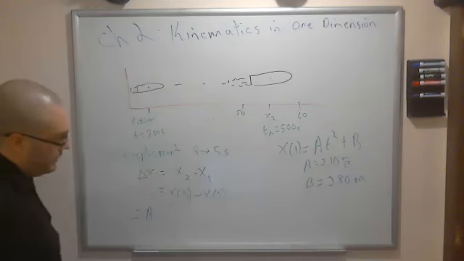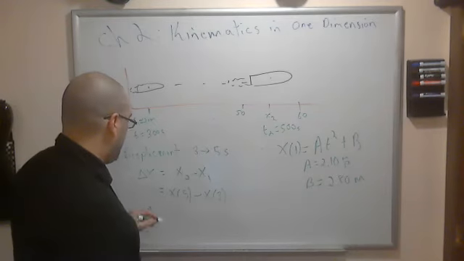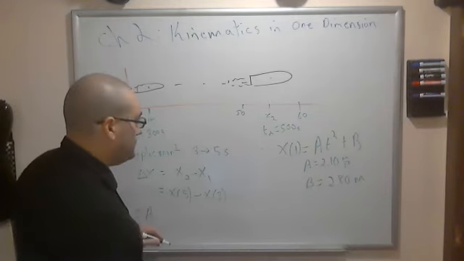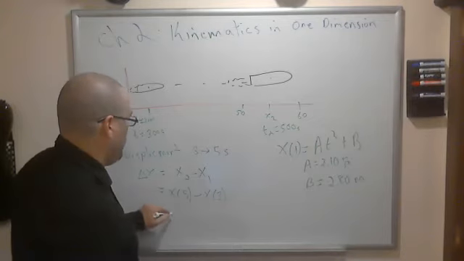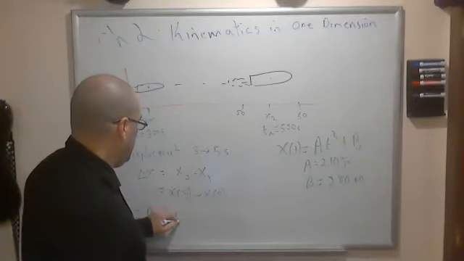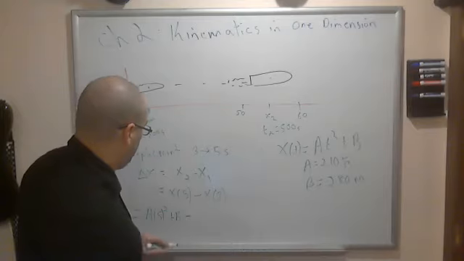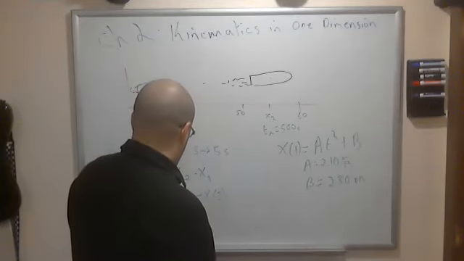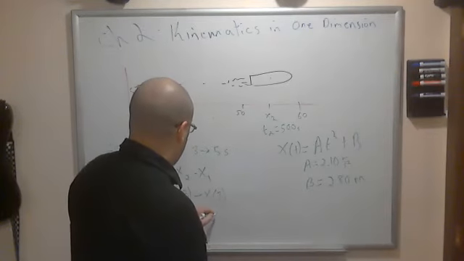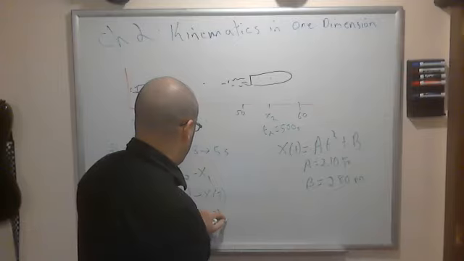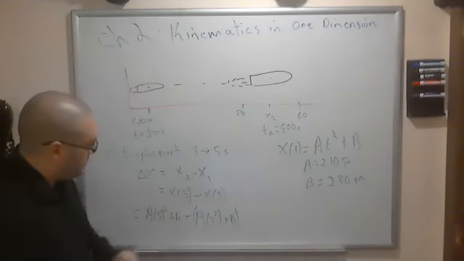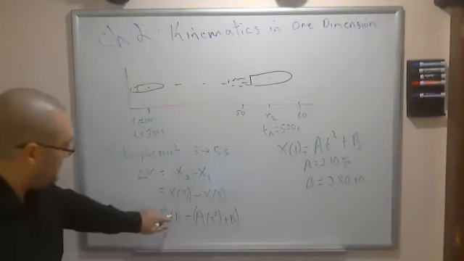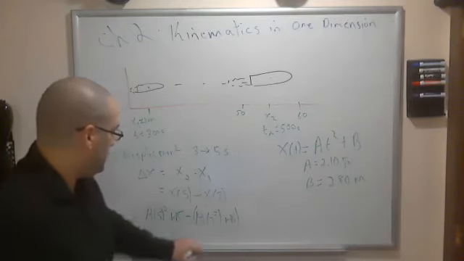So A times 5 squared plus b, minus a times 3 squared plus b. And this is all in parentheses because we subtract it. And if you look, the b's cancel out.